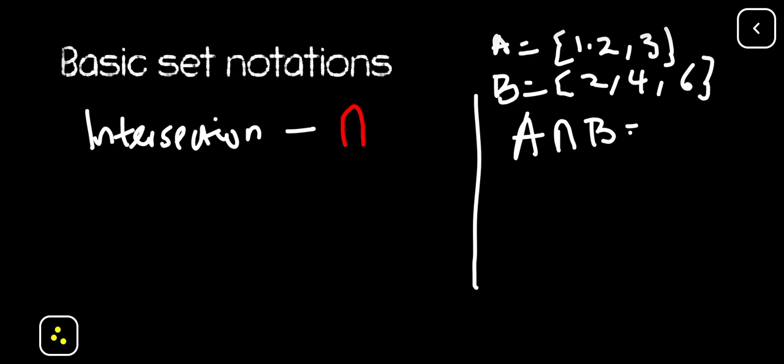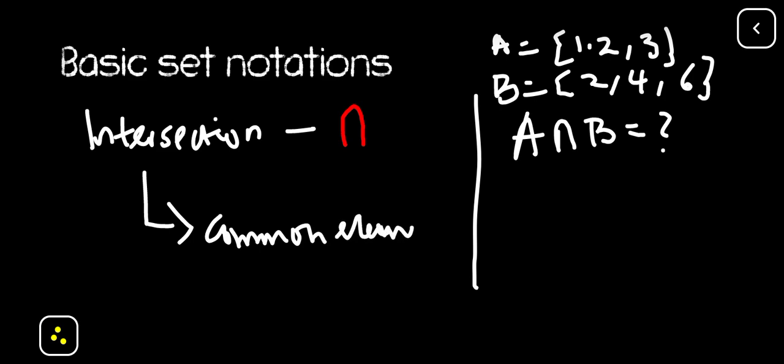Now, what is A intersection B? When we talked about union, we said combination, right? Now, in intersection, we're not combining the two sets. Intersection involves looking for the common element in two or more sets. So basically, the keyword is common.